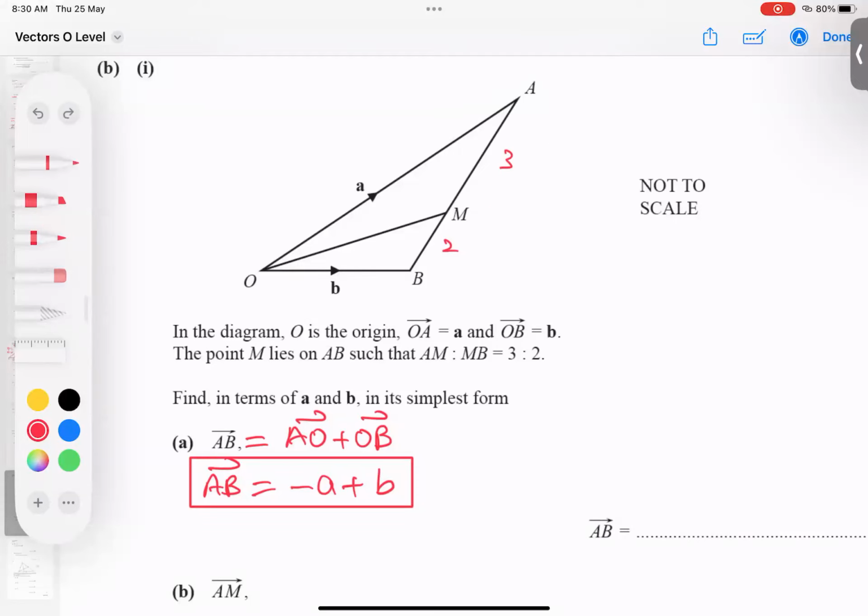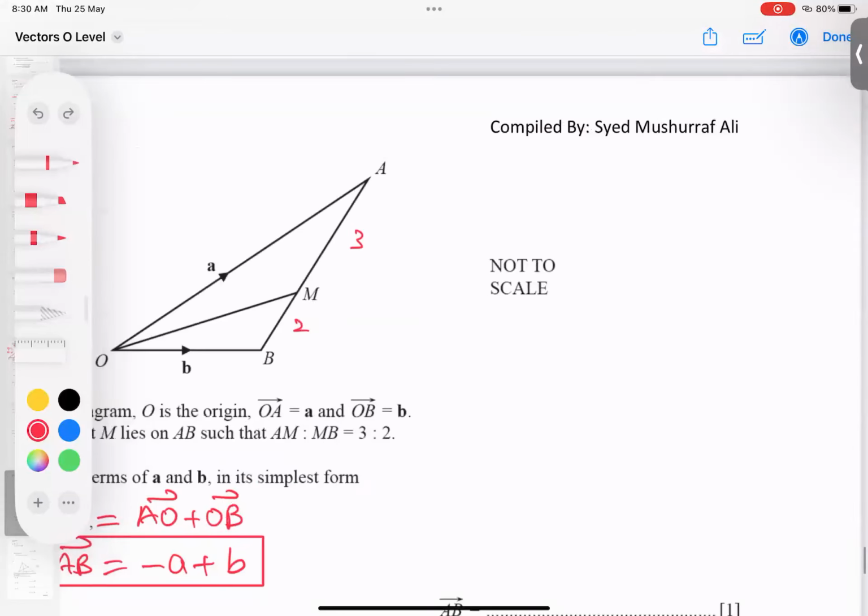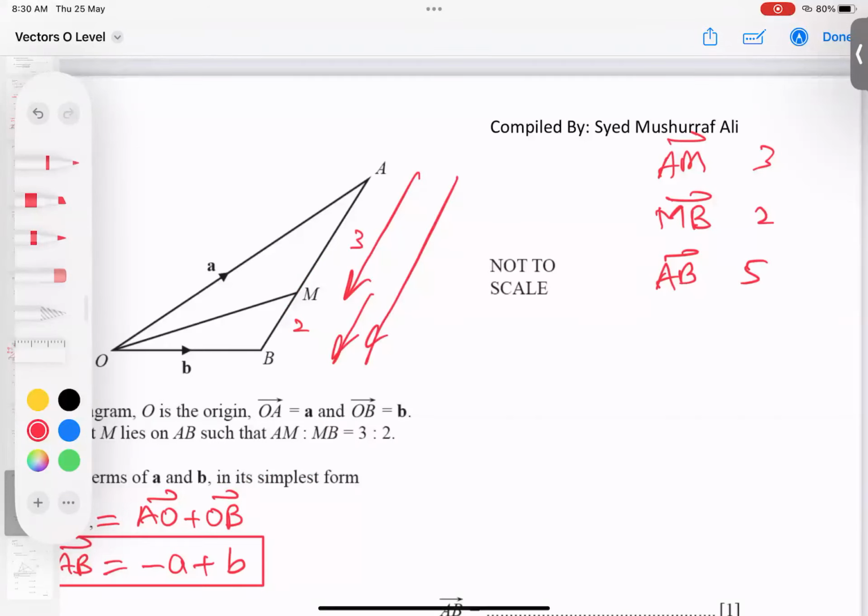For your knowledge, I just tell you, on this track we have 3 vectors. The first vector is AM, which is equal to 3 units. The second vector is MB, which is 2 units. And the third vector is the total AB, which is 5 units, because 3 plus 2 is 5.